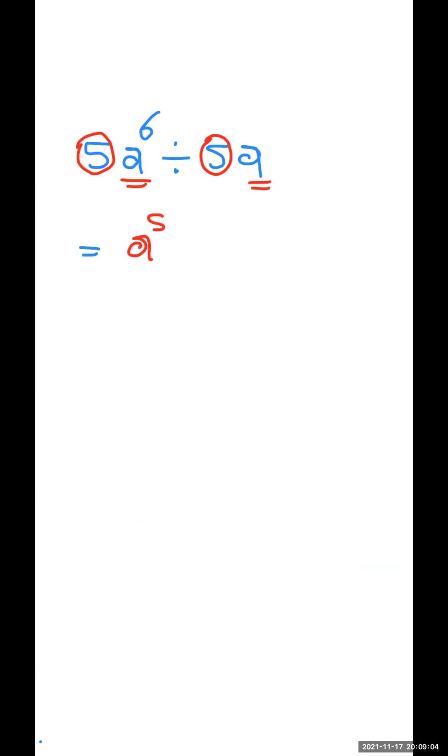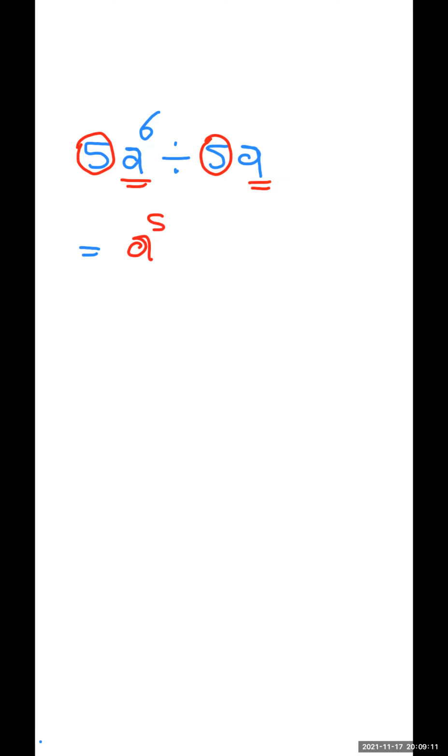The first point, 5a to the power 6 divided by 5a. So now, here we are going to divide the coefficient by the coefficient. 5 divided by 5 is 1. I will not write it, okay? And then a to the power 6 divided by a will be a to the power 5. Here I didn't write 1 before the coefficient.